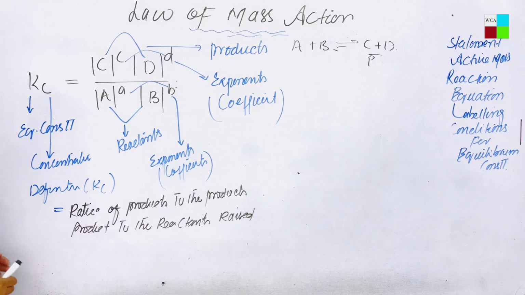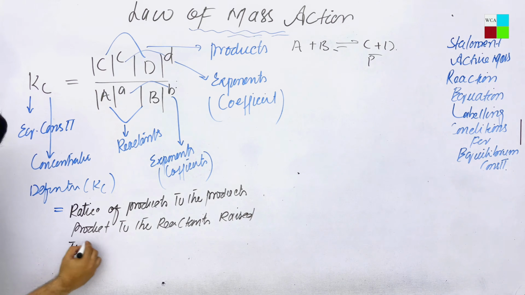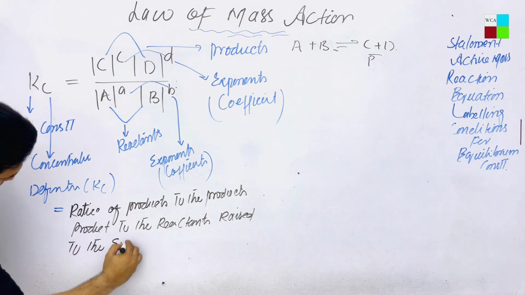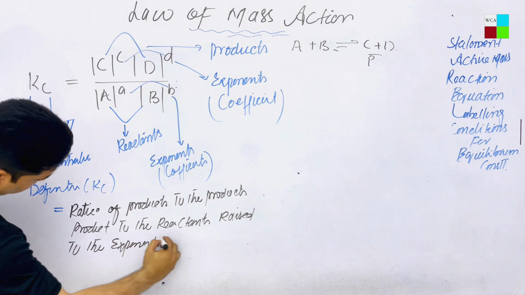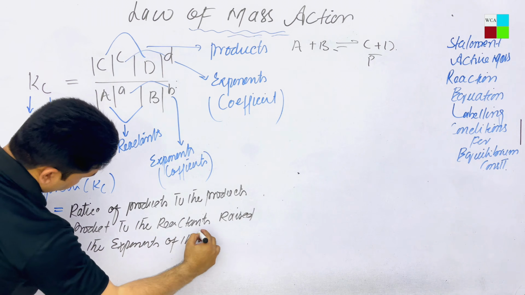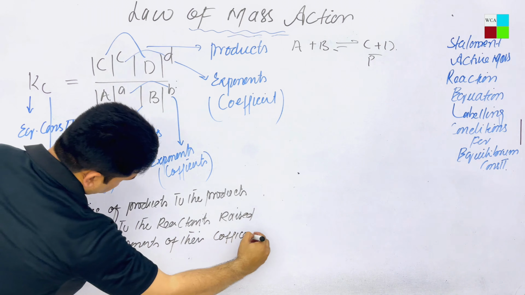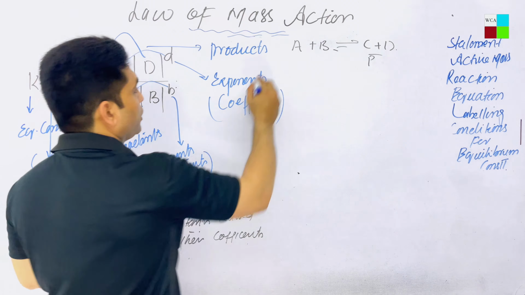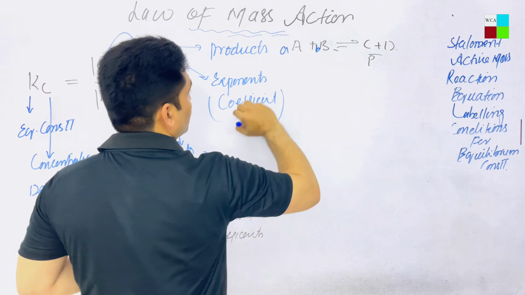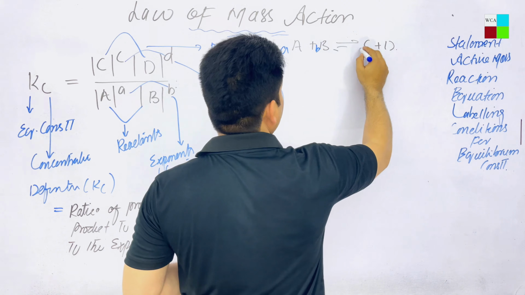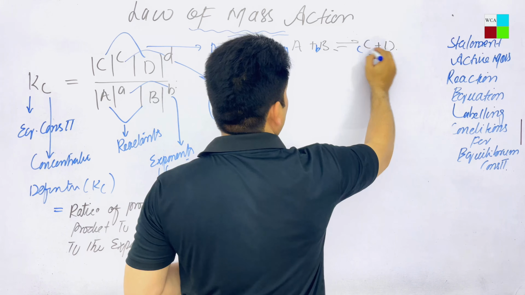Now raise to the exponent of their coefficient. Now this exponent was in fact the coefficient in the original reaction, which we generally call the number of moles.